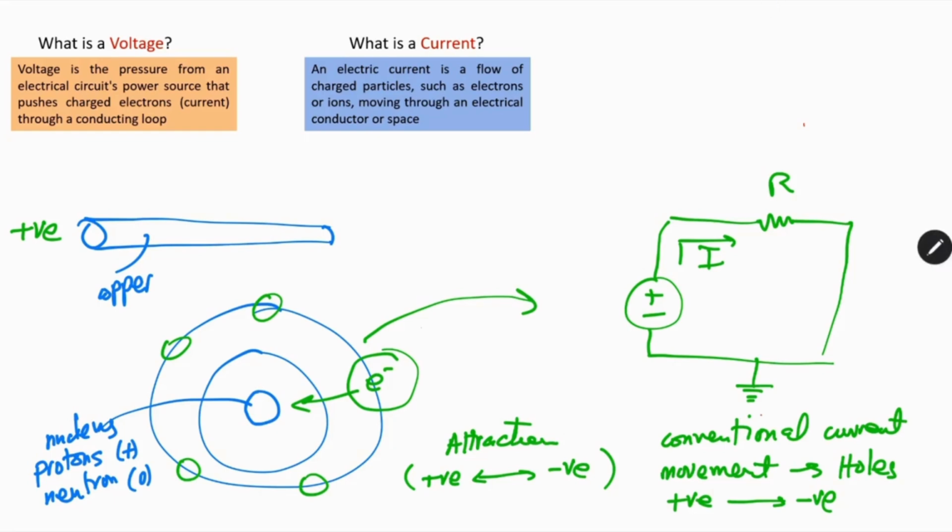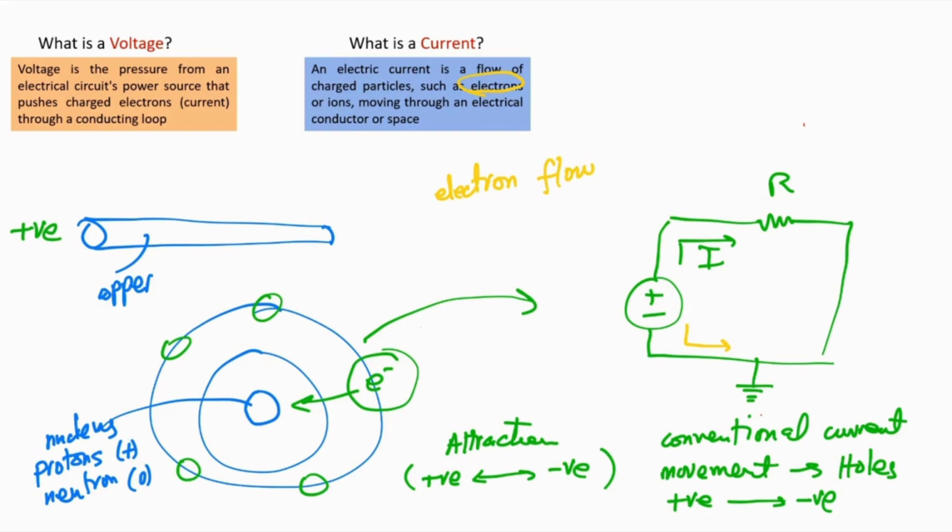The other one is described in terms of the electron flow. For the electron flow, you have a direction which is like this. So this is the movement of electrons. We call this the electron flow, apart from its counterpart, which is the conventional flow of current.